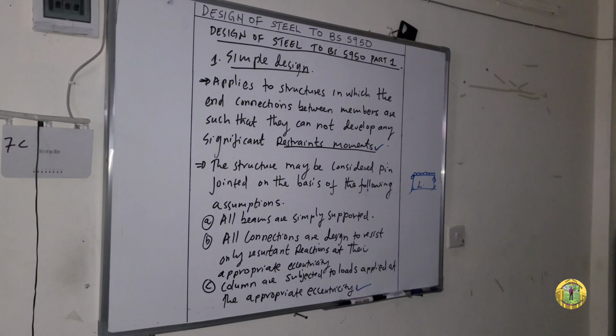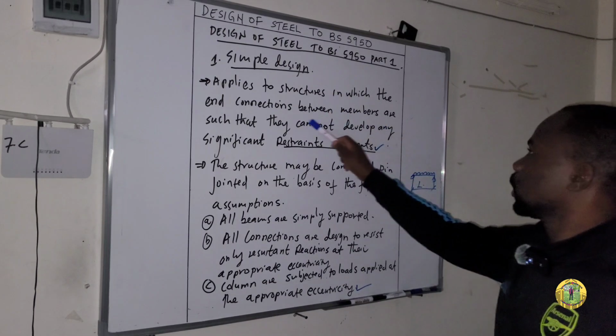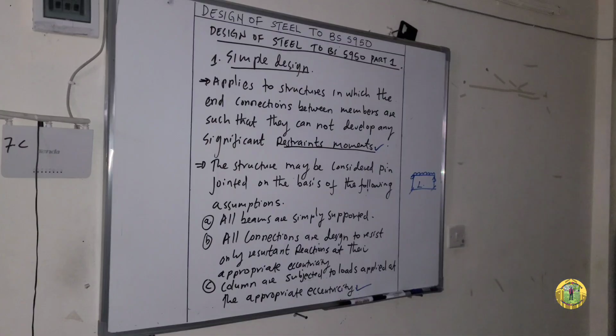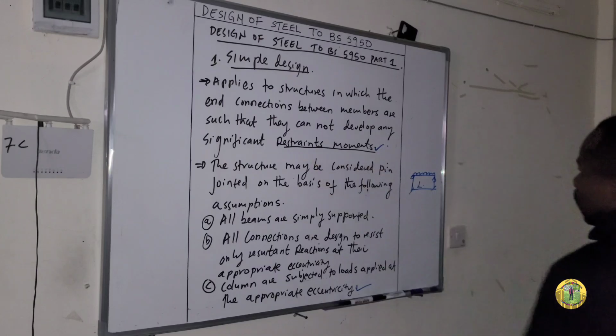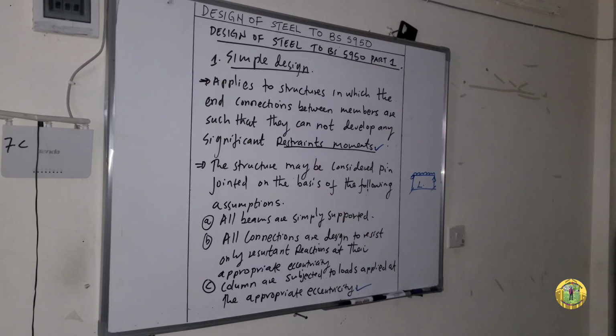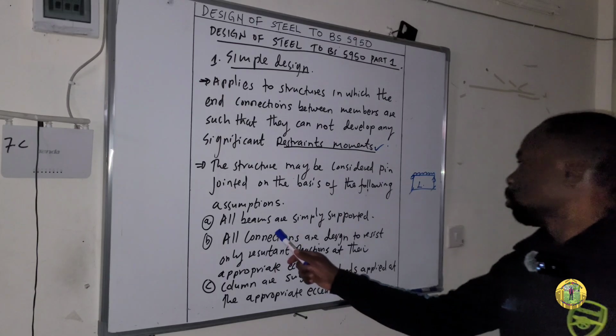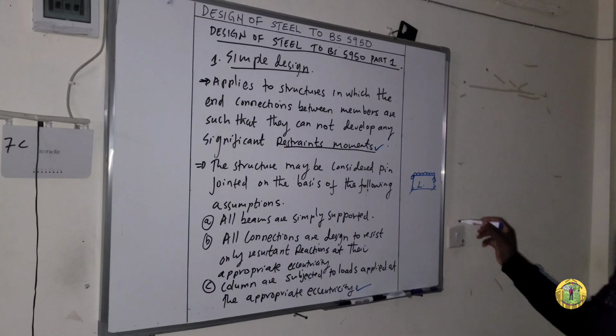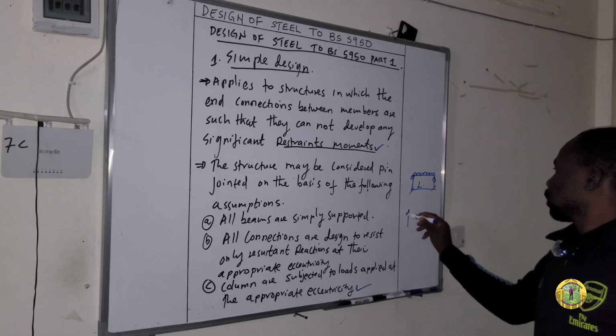So number 1, we have simple design. It applies to structures in which the end connections between members are such that they cannot develop any significant restraint moments. So the structures may be considered pin jointed on the basis of the following assumptions. Number 1, all beams are simply supported.